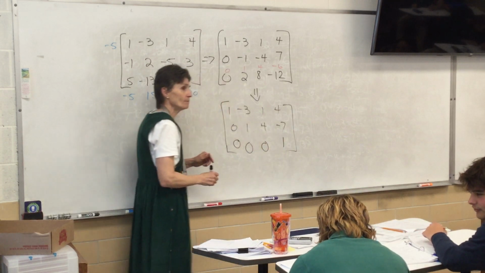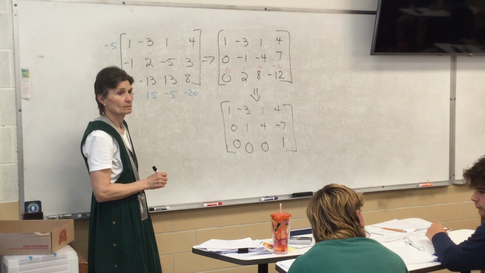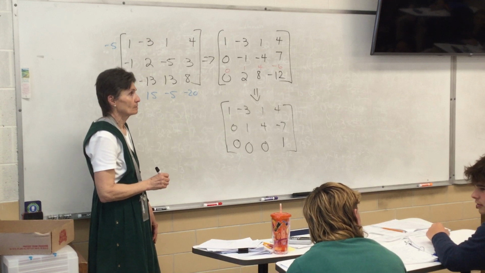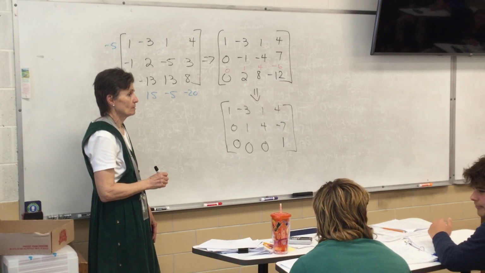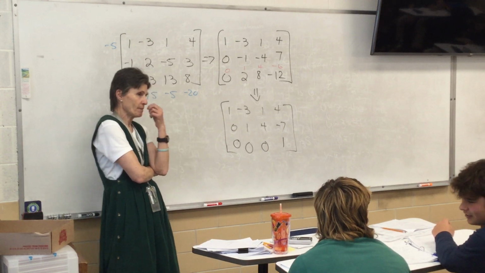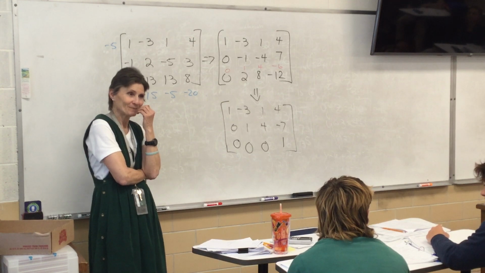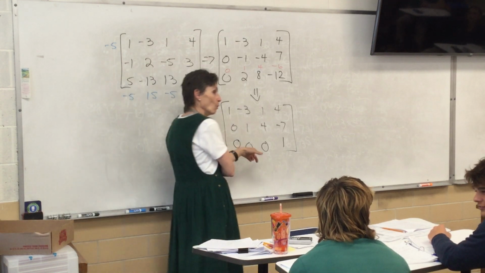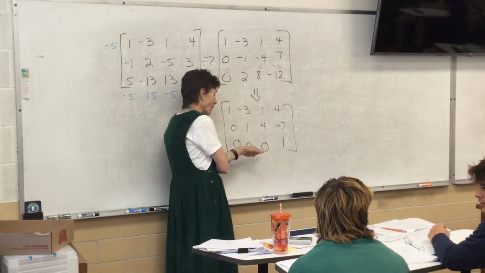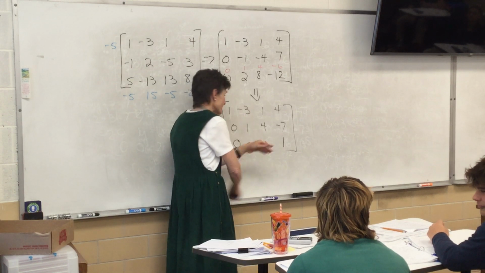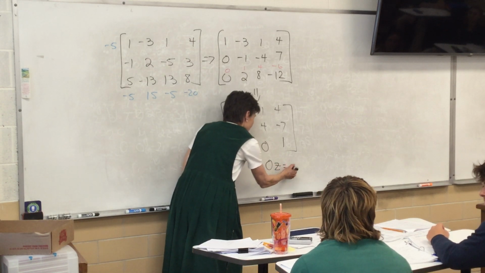Is that what happened? Okay, why is this bothering me? Exactly. The bottom row literally says 0z equals 1.